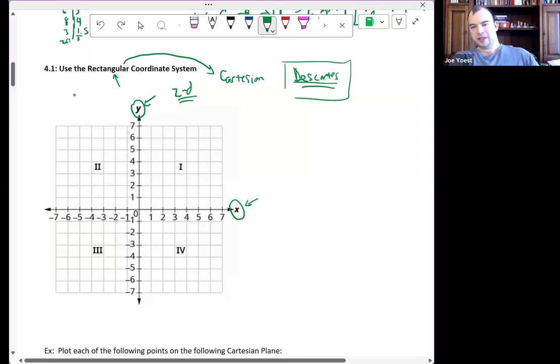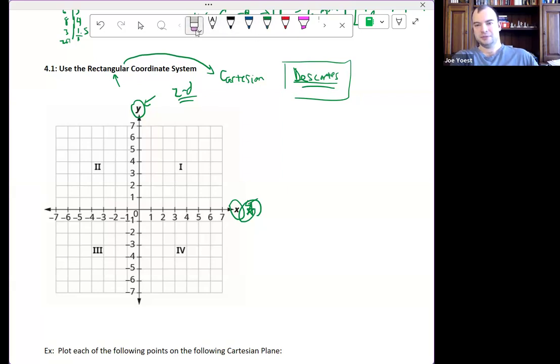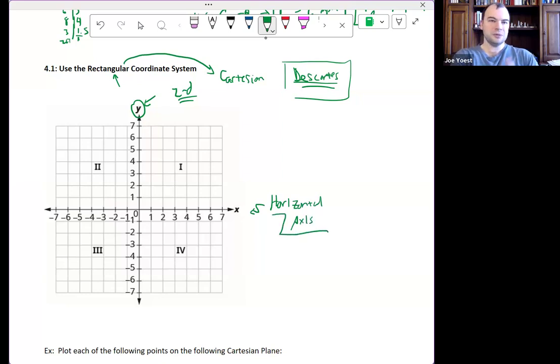That's a number line related to the variable x. So this horizontal axis is really just a number line related to the variable associated with it, which we typically call x. By default, that variable is going to be x.